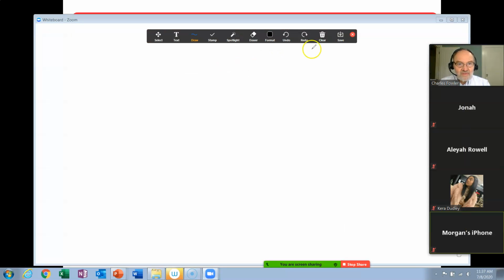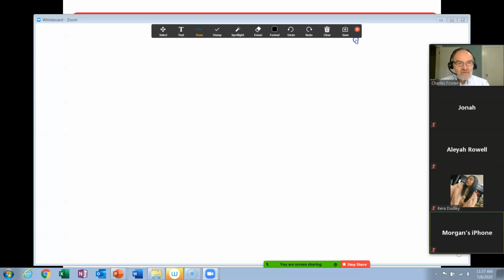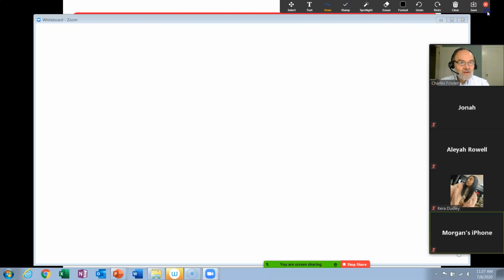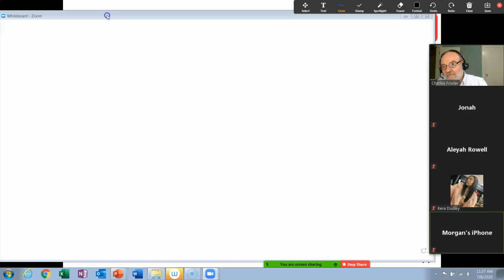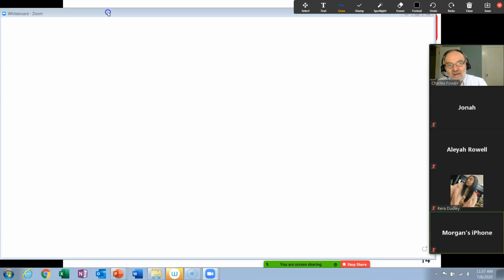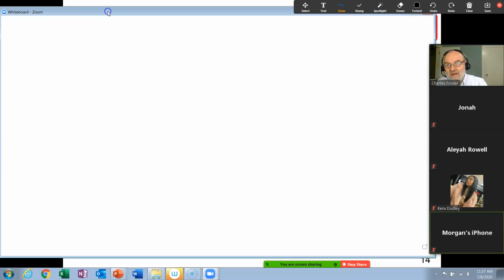And now I've got to deal with its toolbar, whatever you want to call it. Get it as much out of the way as possible. Okay, now we'll move the whiteboard so I can get maximum white space. Okay, it looks like about as good as I could do.